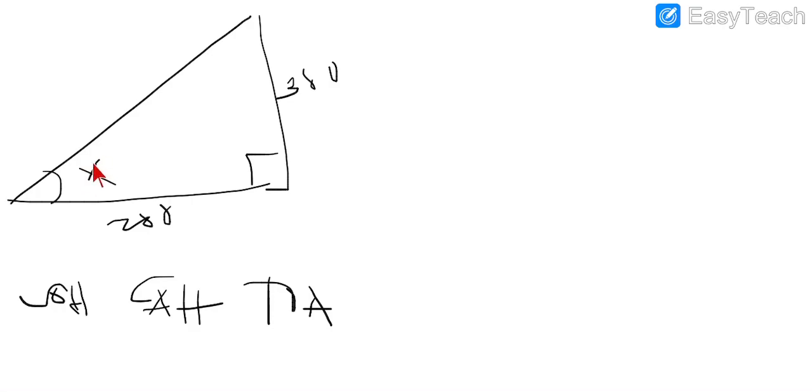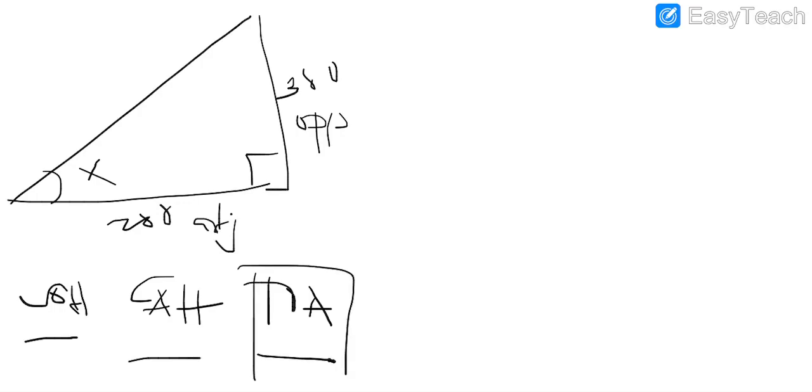With respect to angle x, we have the adjacent side which is 200. No? And with respect to angle x, we also have the opposite side which is 300. Now, we have adjacent and opposite. Only tangent has adjacent and opposite. Okay, see? Tangent. So, we will be using tangent.